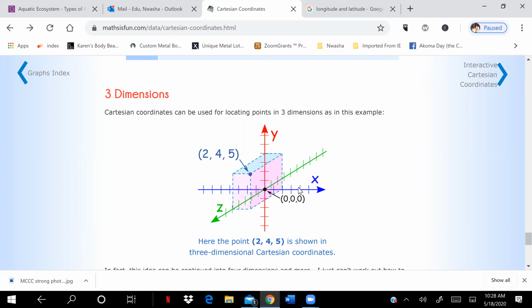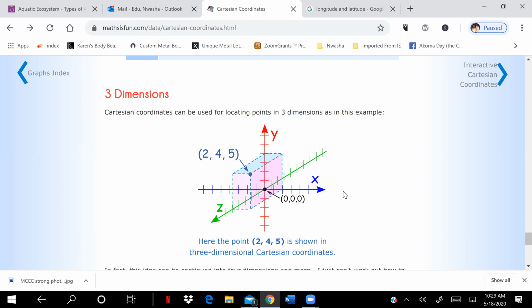Just read over what it says for Math is Fun and try to see what they're saying. Because when you're looking at this picture, you have to try to think about where is this rectangular prism really? So they're saying this is 0, 0, 0, which is now where all 3 lines would cross. But you have to imagine this Z line as coming in and out towards you, and then straight back away from you.